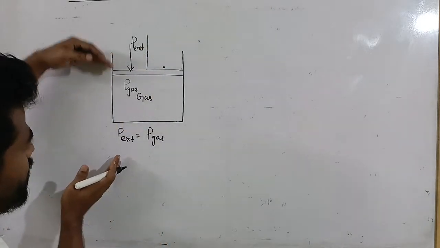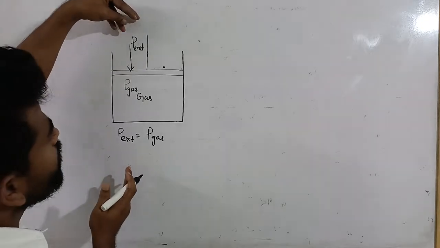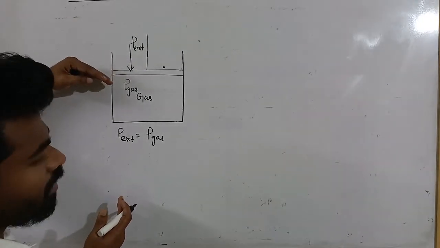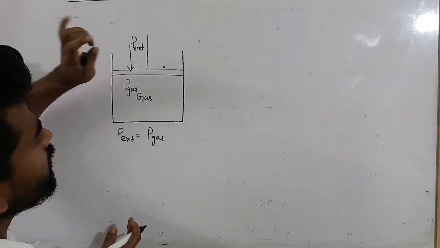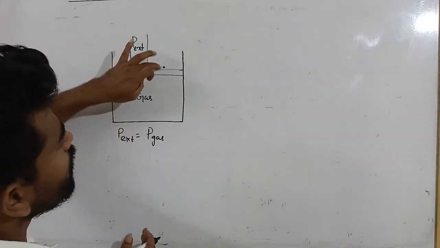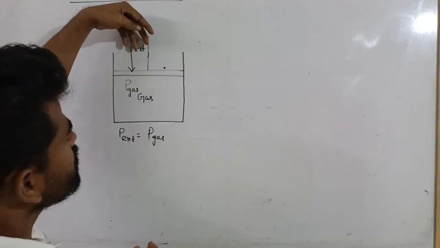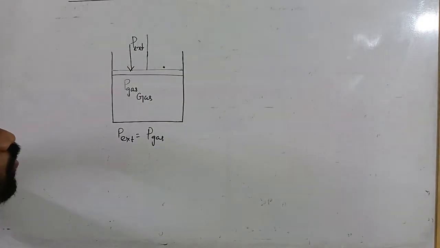Suppose I need to compress this gas. I have to increase the external pressure over the piston so that the piston can move downwards. But reversible means I have to increase the pressure over the piston by a very minute amount so that the process becomes very slow.